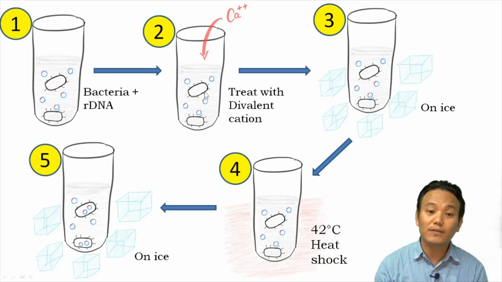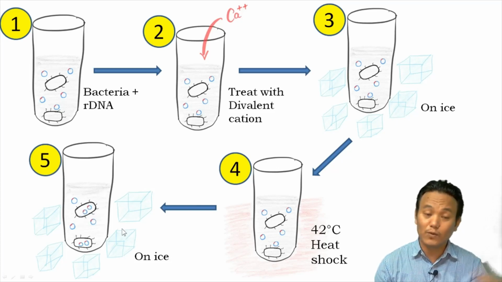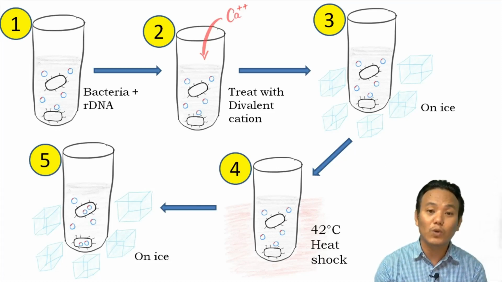This will make the bacterial cell wall porous to the recombinant DNA. And then we incubate the mixture on ice, followed by 42 degrees Celsius heat shock, and then back on ice. This will make the bacterial cell competent to take up the recombinant DNA, thereby transforming the bacteria. So this is how you make the bacterial cells competent. And that is what we mean by a competent host.